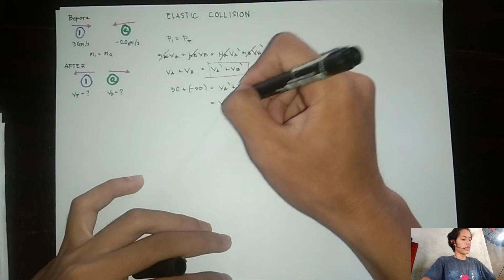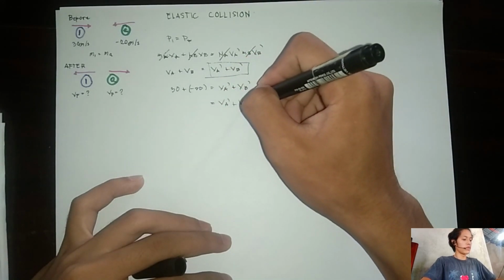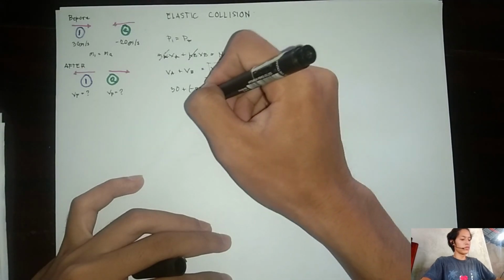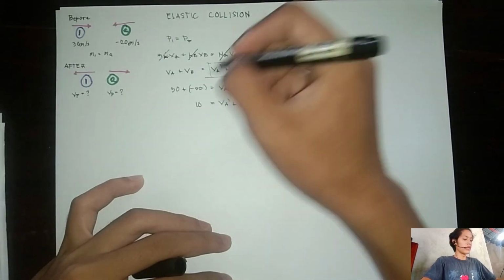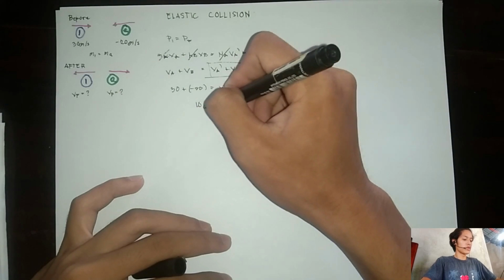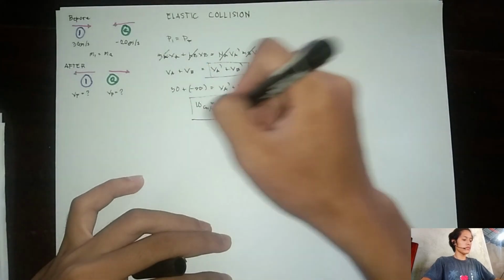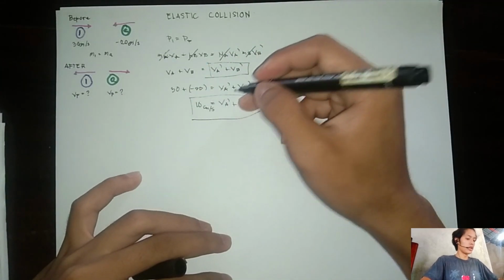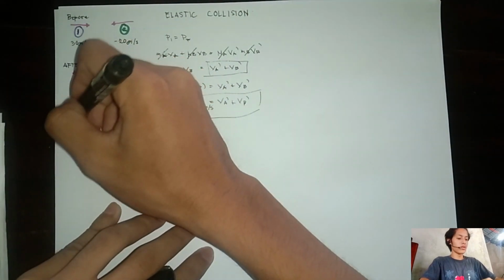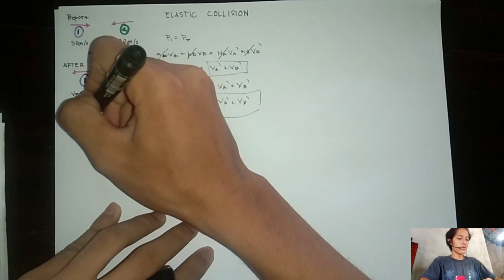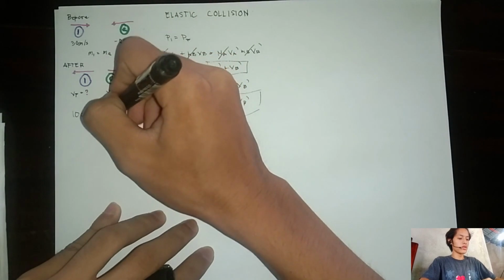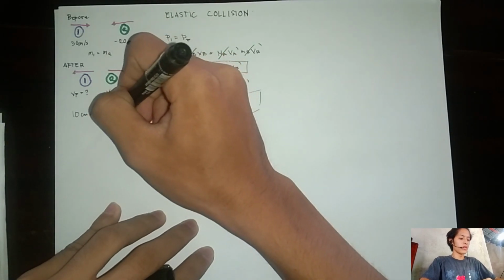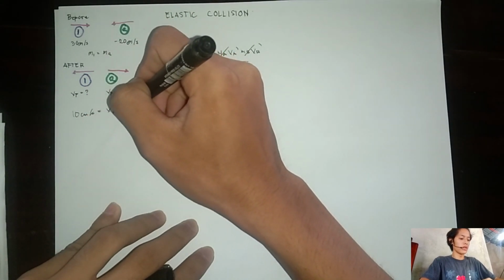So, velocity A final plus velocity B final is equal to 10 cm per second. Itabi muna natin tong isang equation na to na 10 cm per second is equal to velocity A final plus velocity B final.